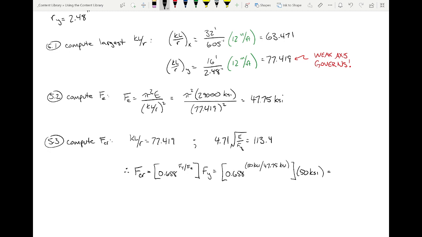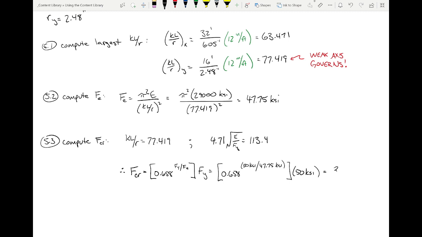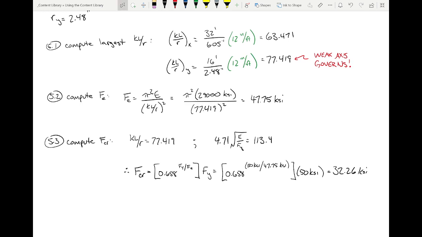And so when we chug this out, what do we get? Remember, that fraction is an exponent. It's not multiplied. $32.26 KSI. Do I have a second on that? All right.